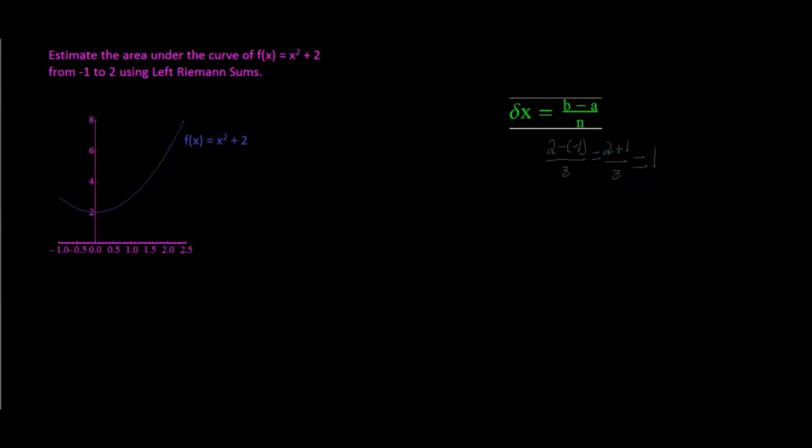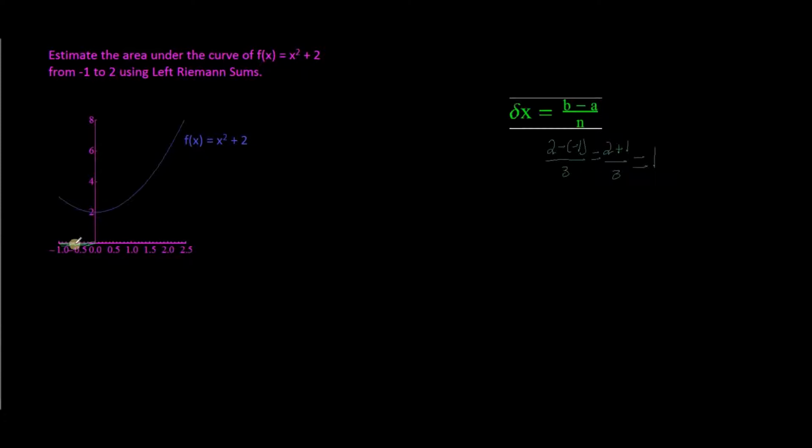So we know what our width is going to be. Now, how are we going to determine what the height of each of the rectangles is going to be? Well, we're going to pick a point somewhere on this graph to make the height of each of our rectangles. So we're going to use left Riemann sums. So that means we're going to pick the value of the graph at the left point of our rectangle. So in other words, this first rectangle, the width is going to go from -1 to 0, right?